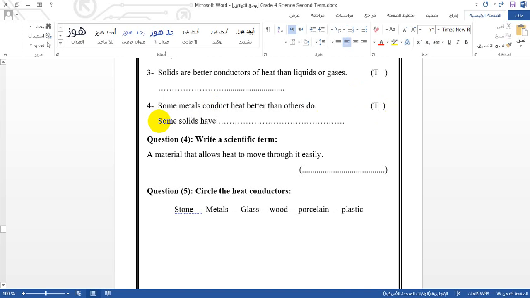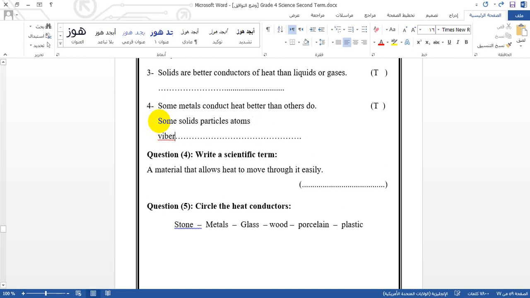Some solid particles, atoms, vibrate freely and faster than other particles in other solids.